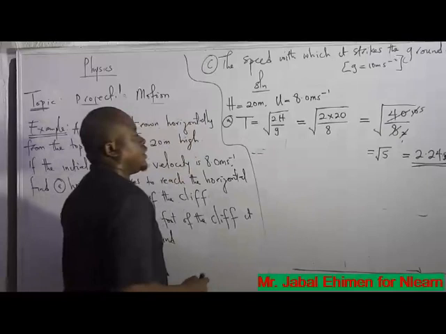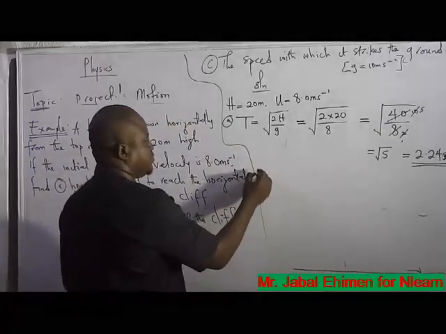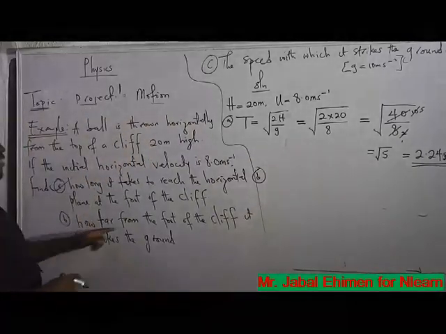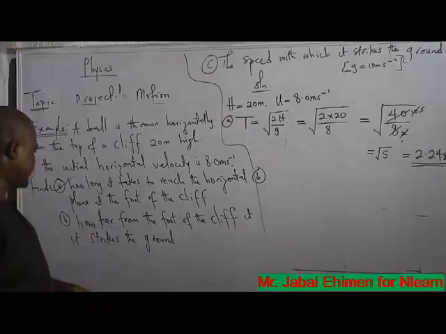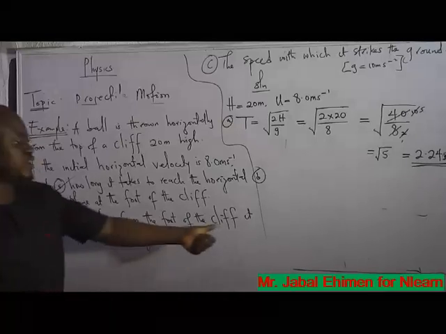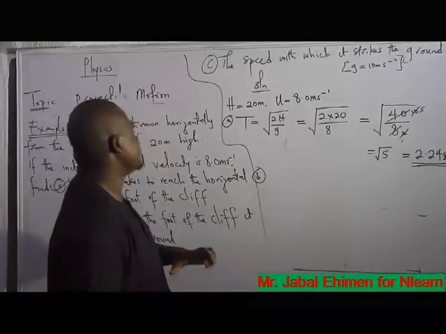Good. From here, we have part B, which says how far from the foot of the cliff it strikes the ground. It's simple.